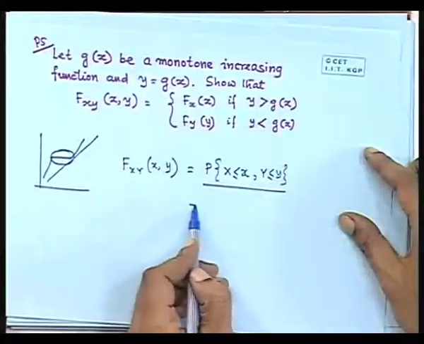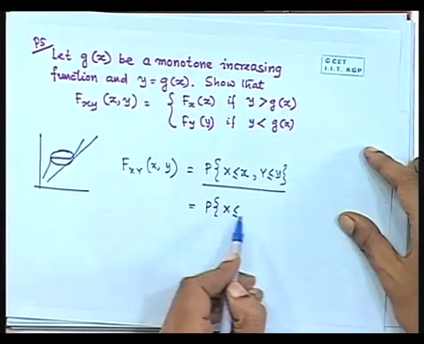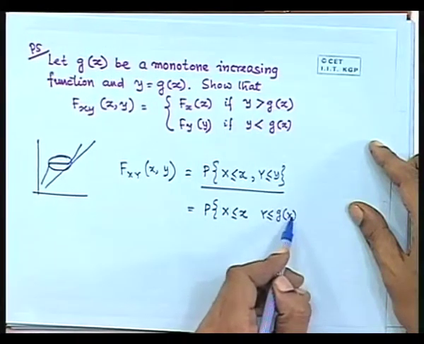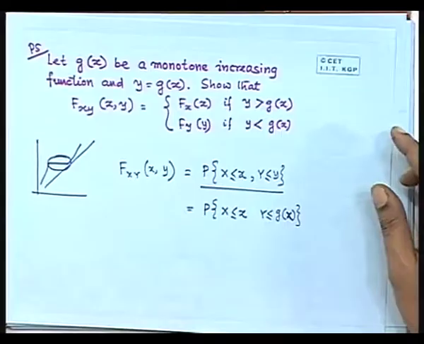Now the point is that if X is less than or equal to x, then necessarily Y is less than or equal to g(x), because it is a monotone increasing function. So if X is below small x, then Y will be below g(x). If it was a decreasing function, it would have been greater than or equal to. That is why this monotone increasing function is needed. Agreed?